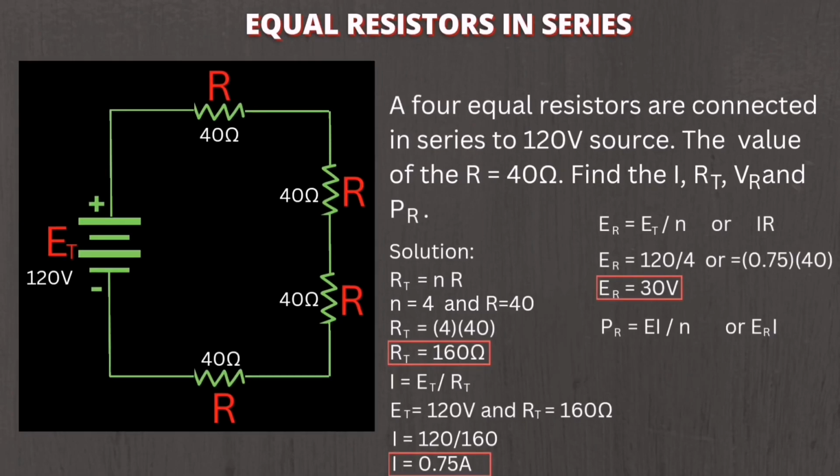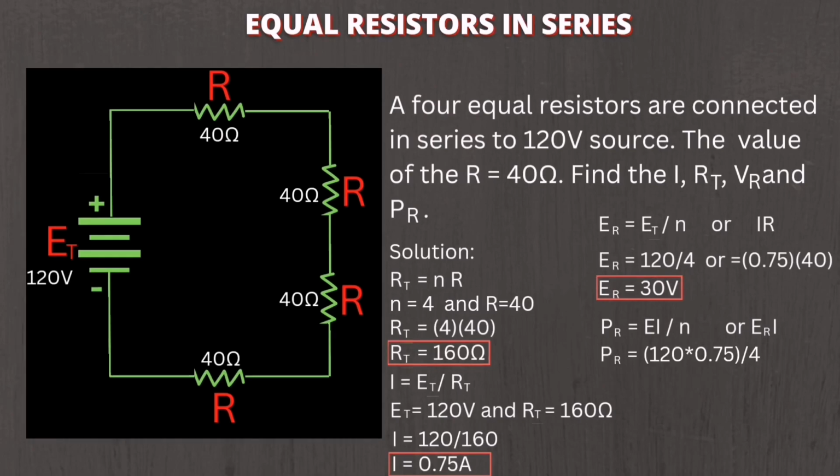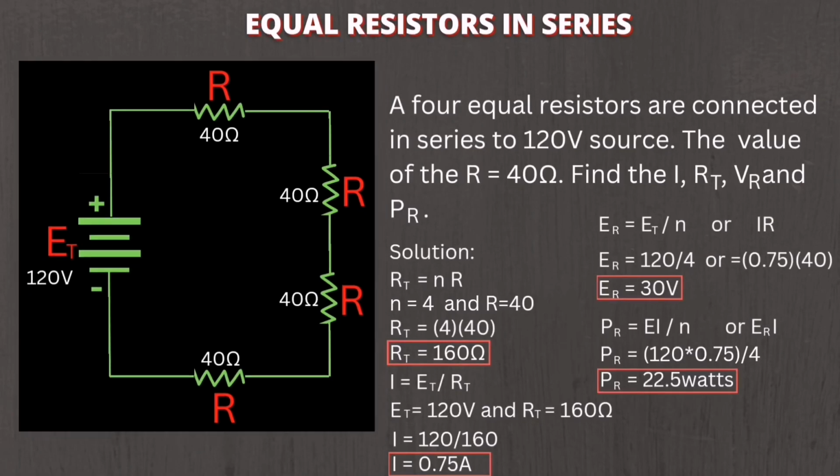The last one will be the power taken by each resistor, which can be solved by E times I divided by N, or E sub R multiplied by I. So the solution is P sub R is equal to E times I divided by N, which is equal to 120 multiplied by 0.75 amperes divided by 4, which will result in 22.5 watts.